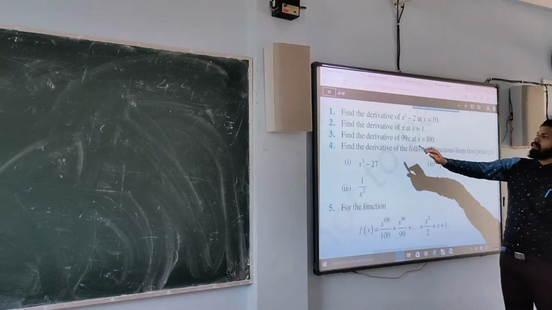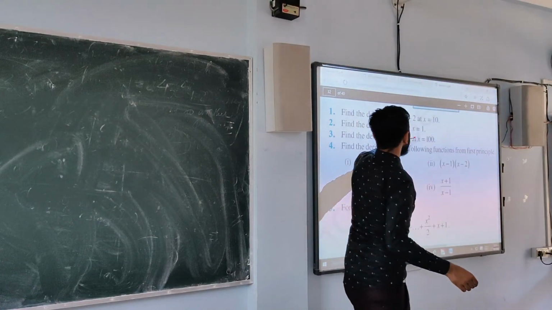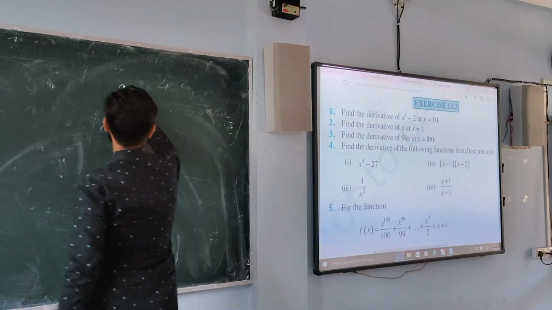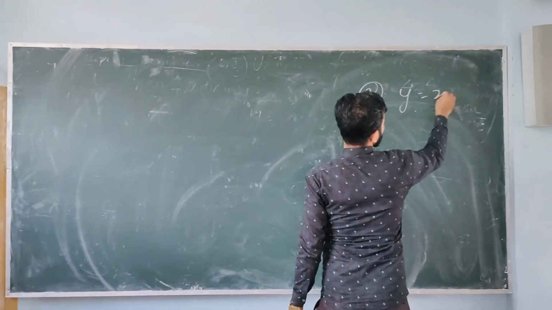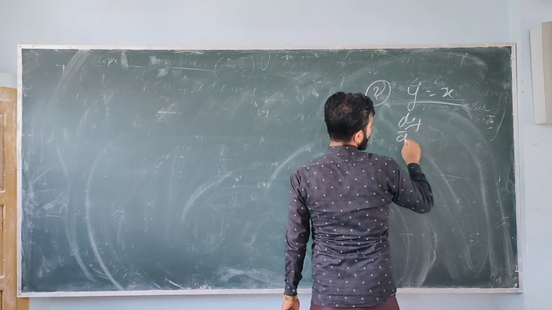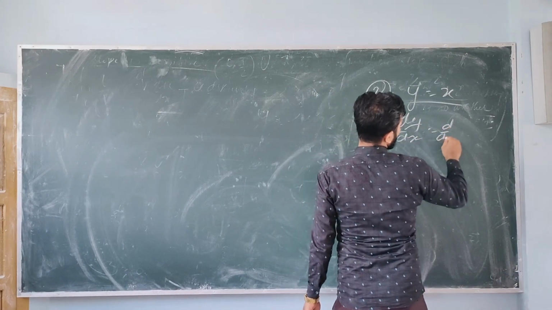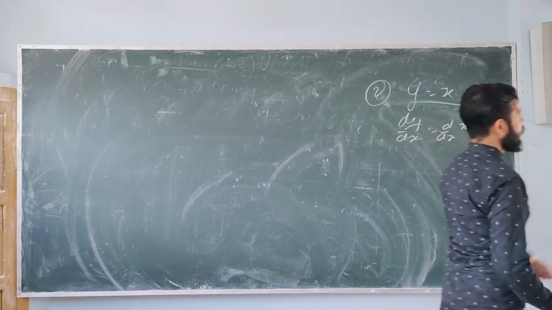Do this one, two also, very easy. Find the value of x. Then find the derivative of x, meaning y over x, very easy. That means dy by dx equal to d/dx of x equal to 1. Finished.